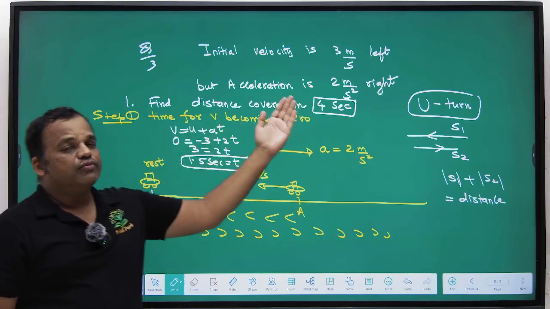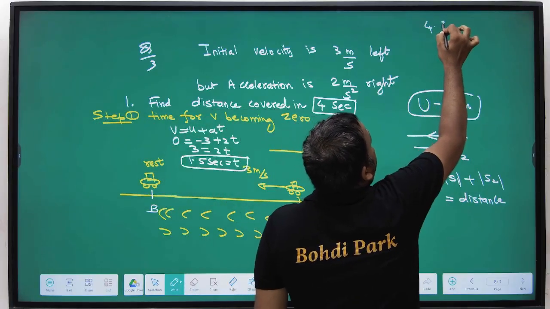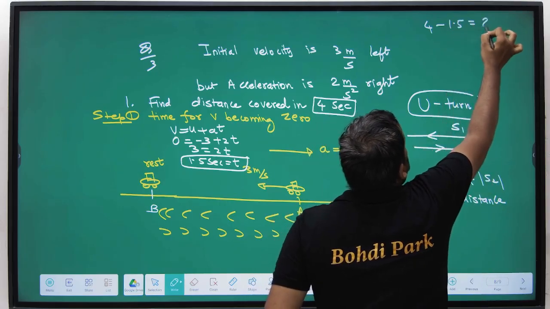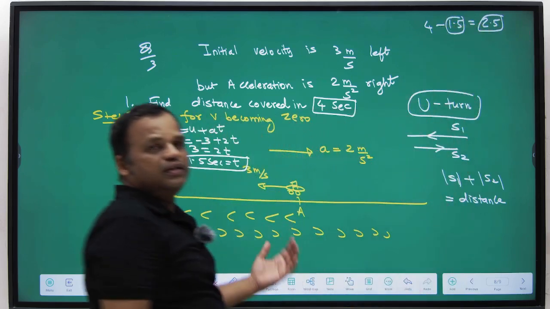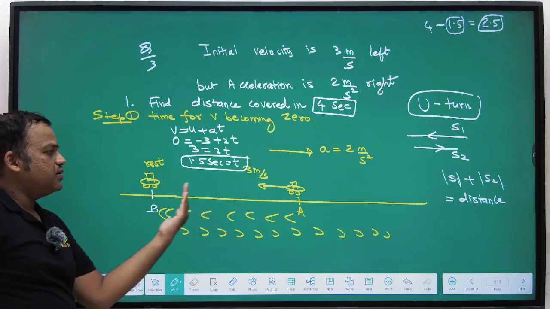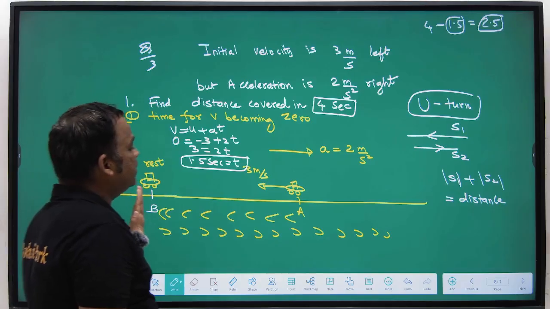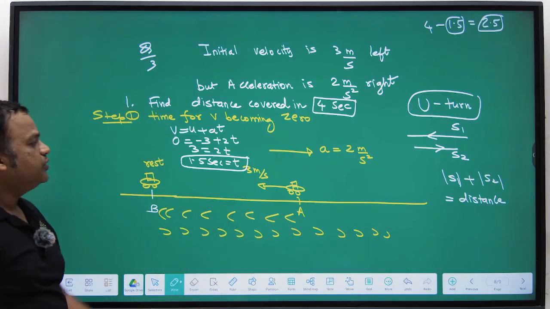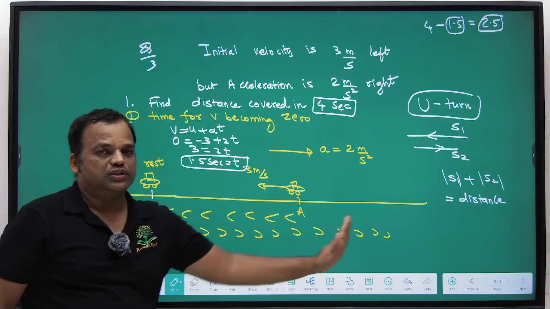Remaining time will be 4 minus 1.5, that is 2.5. So for 1.5 second the car is continuing its motion left side. For next 2.5 second the car is going right side. So S1 is negative, S2 is positive.